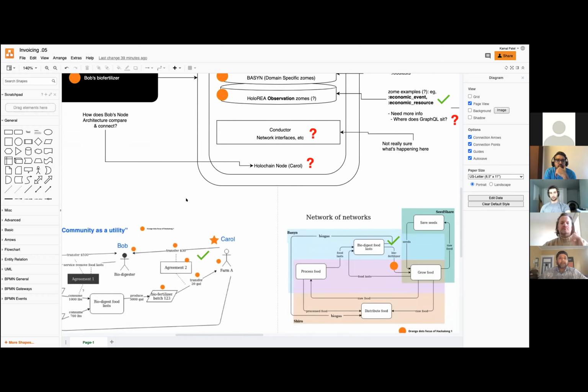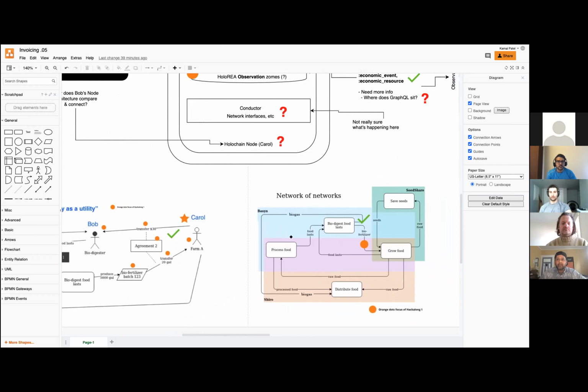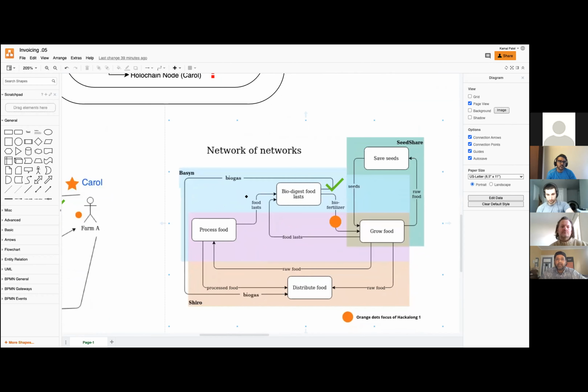Last pieces here: I think you might have seen that we're focusing on this part of the diagram. So very much the agreements between Bob and Carol, and some batches of fertilizer, some transferring events that are happening. And then we'll dive a little bit into how Shiro and Basyn overlap. For the last presentation, we focused on this, and we built this on Holochain.